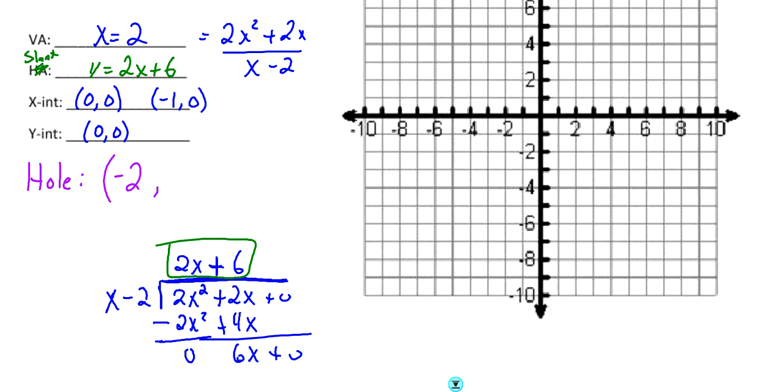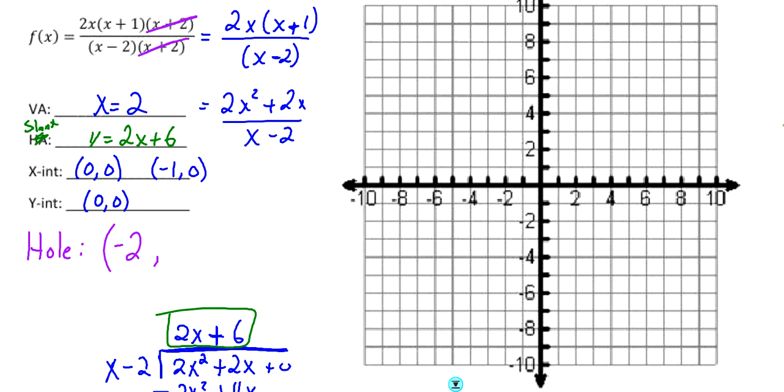Okay, so I've got all of my information, and now I'm going to graph everything. My vertical asymptote is at +2, which is right here. I don't have a horizontal, I have the slant, so I'm going to use slope-intercept form.